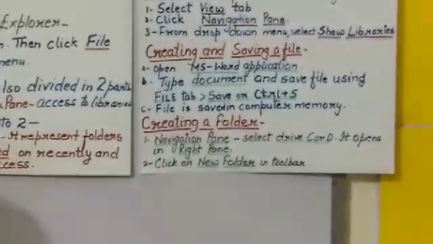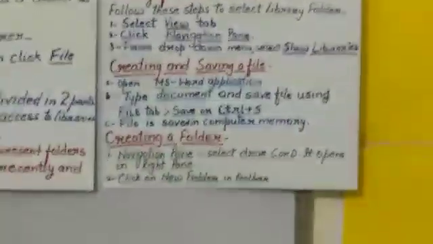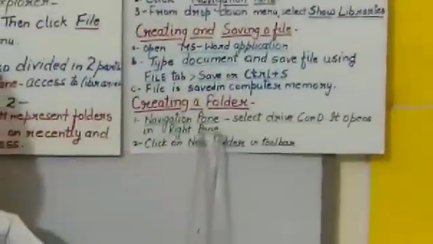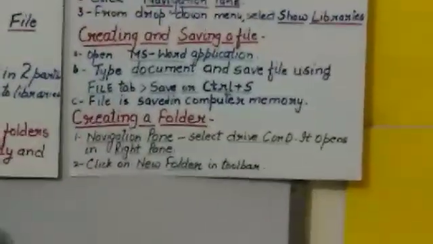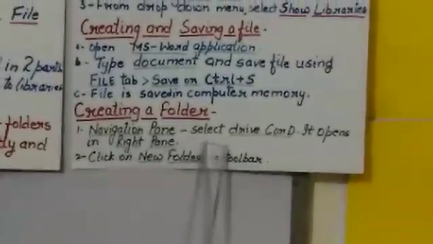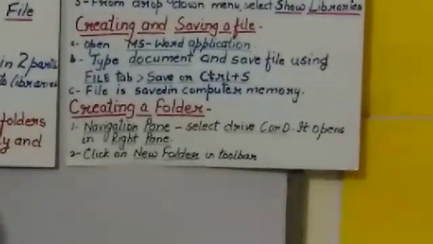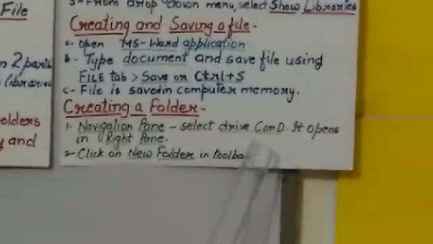Again, creating a folder. Suppose you want to create a folder. How will you create it? First you go to the navigation pane, and how will you go there? Select the View tab, then go to the navigation pane and select a drive. Two drives are given, either drive C or drive D. You can select either of the drives.